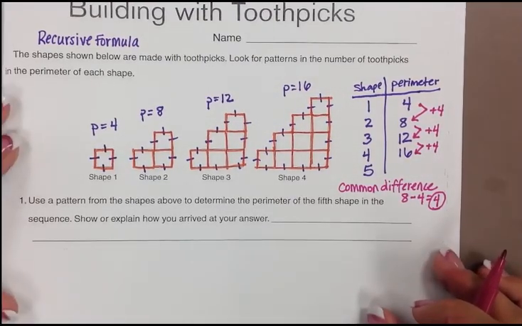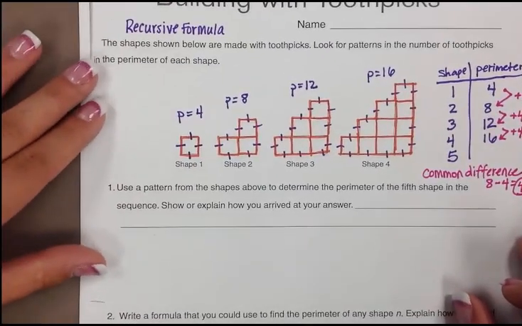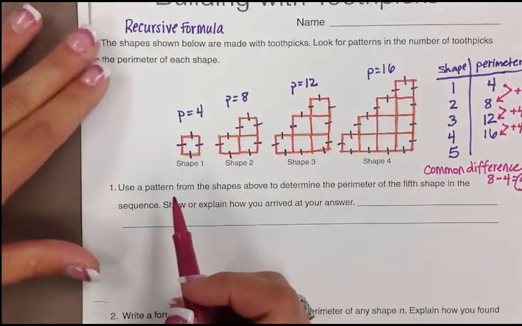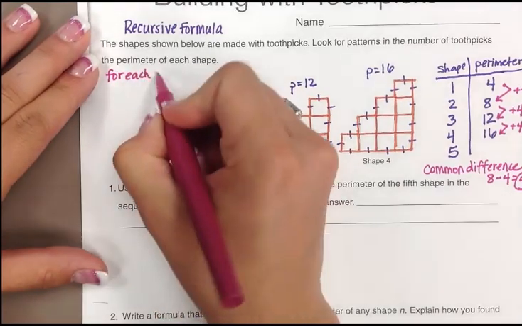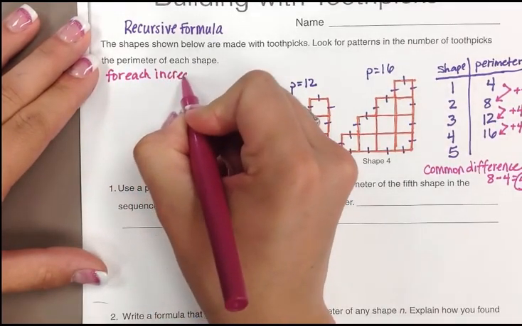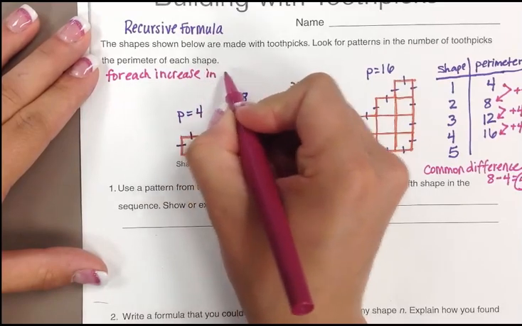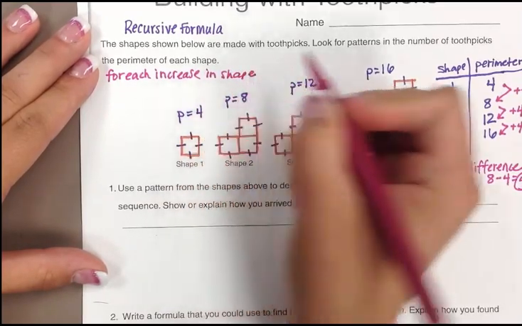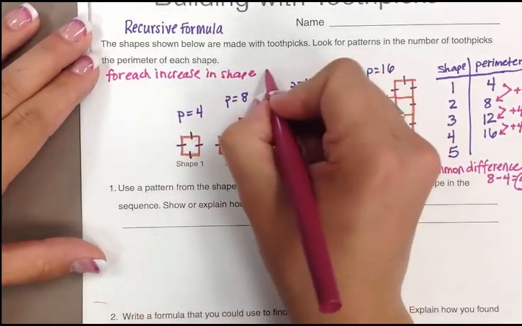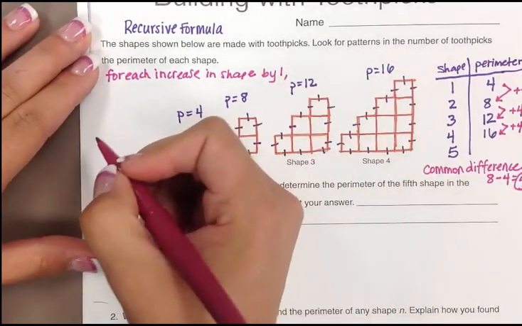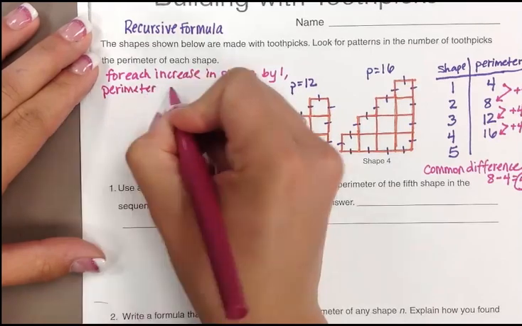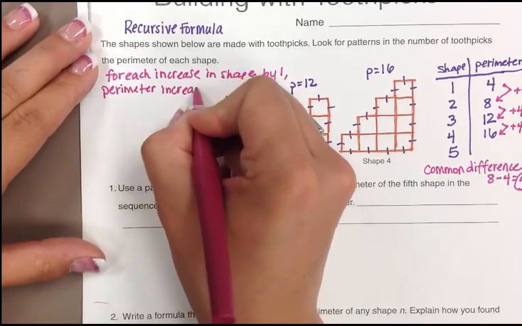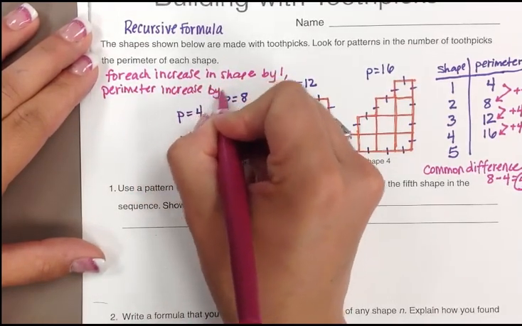So to summarize what we have found, we can write it out. For each increase in shape by 1, the perimeter increases by 4 units.